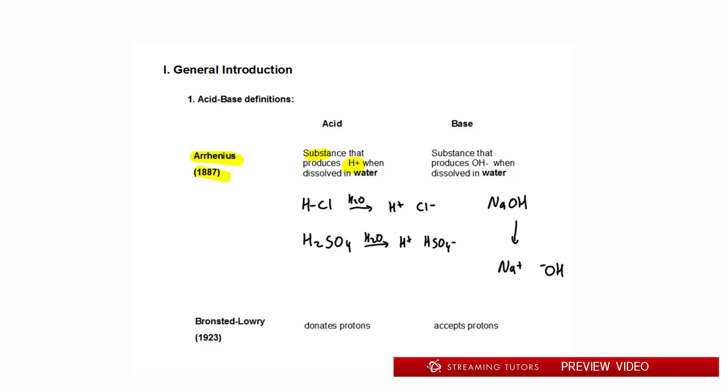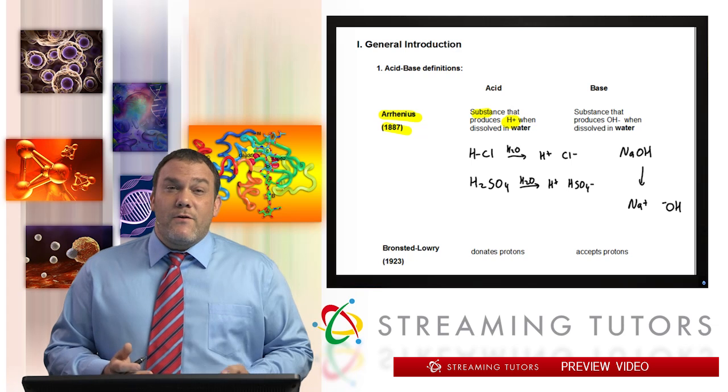And so any of these group 1 metals in our periodic table, if coupled with a hydroxide, would be considered an Arrhenius base. But notice the limitation here, right? An Arrhenius base is strictly hydroxide. That's not very good, right?